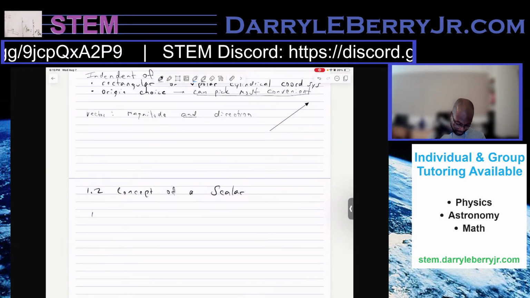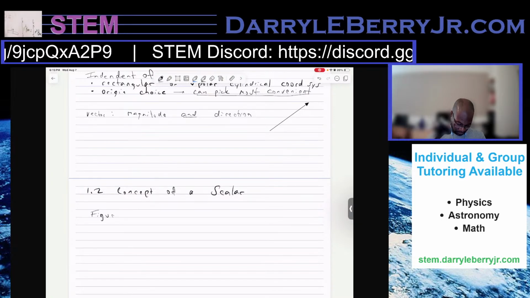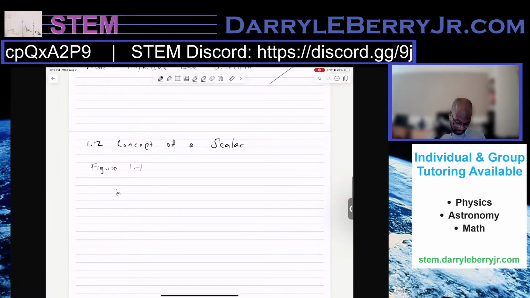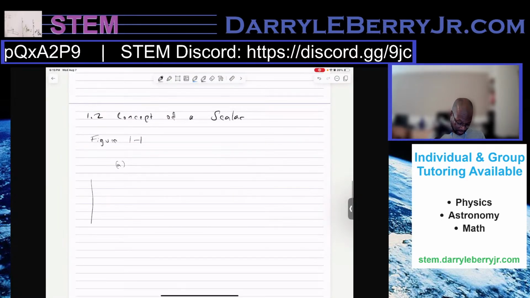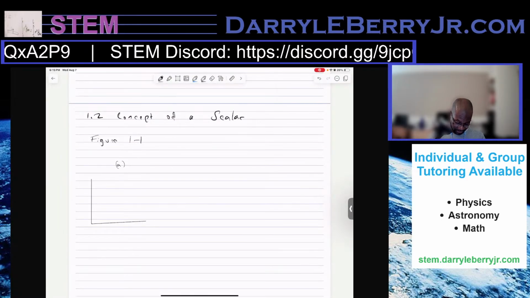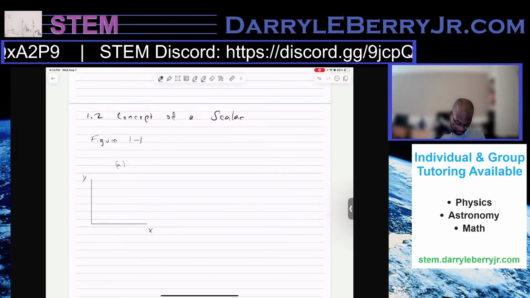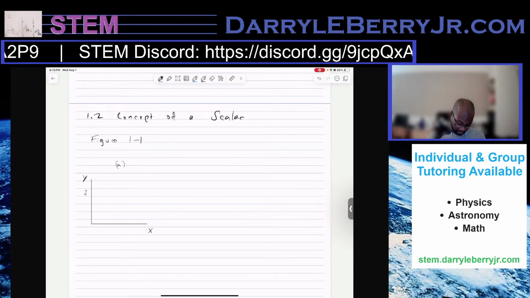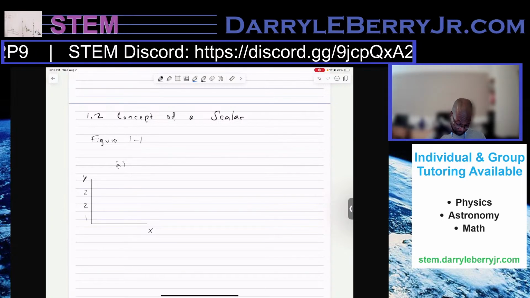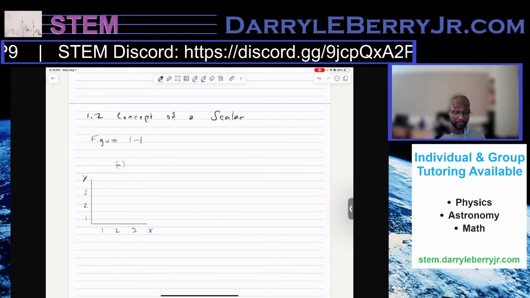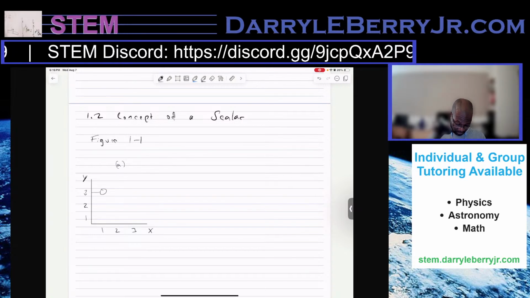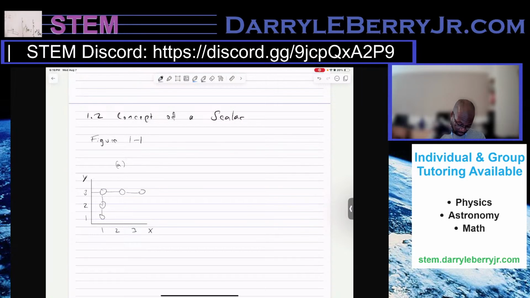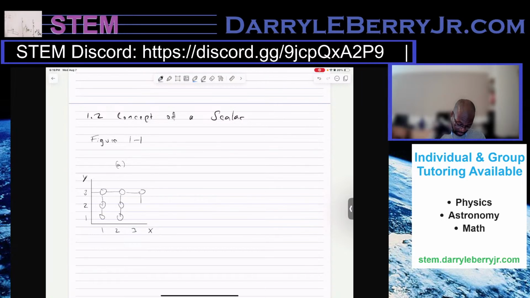So figure 1.1a, A has a y-axis and x-axis, and we have 3, 2, 1, 1, 2, 3, and each of these goes to a particular object, like so.